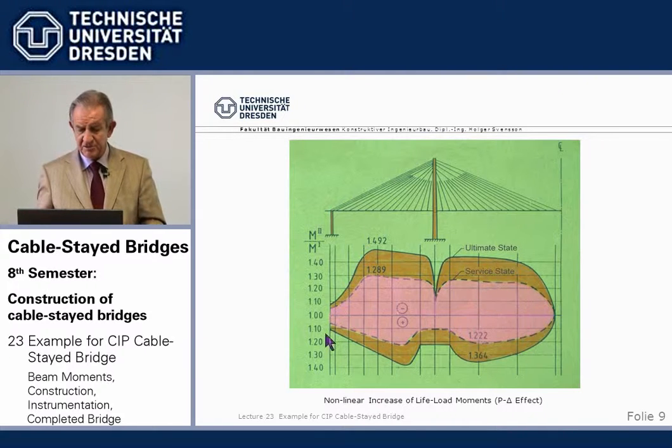We have an increase due to theory of second order, nonlinear or P delta effect. If this is linear, then on the surface load we have an increase of something like 1/3, 30%, due to nonlinear effects.